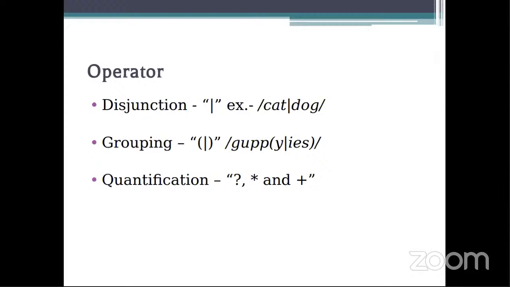And grouping, for example guppy or guppies, or another example, baby or babies, we can use the grouping operator. How can we use this operator? Basically we give small brackets, and in between the brackets we use the pipe.